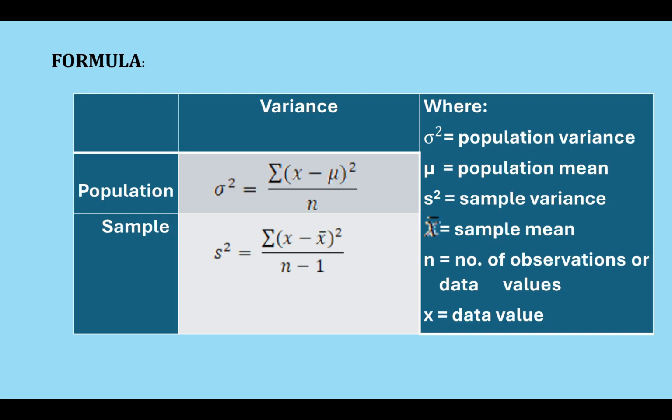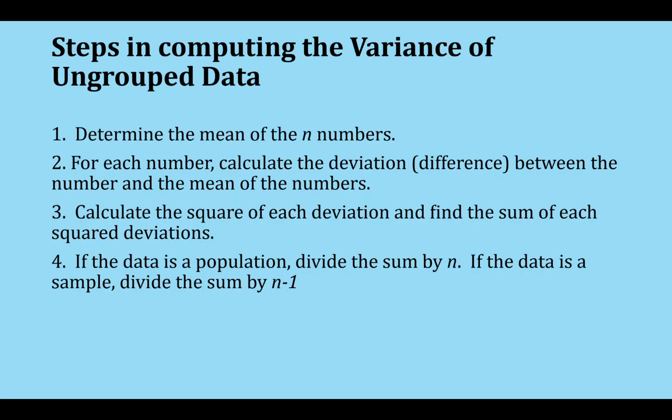Here is our legend. Sigma squared is the population variance, mu is the population mean, s squared is the sample variance, x bar is the sample mean, n is the number of observations or data values, and x is our data value.